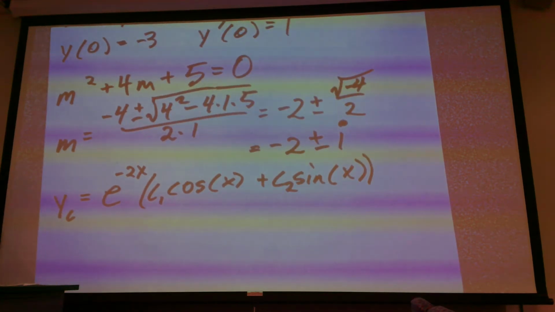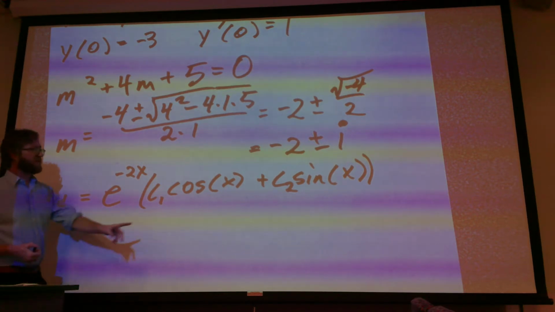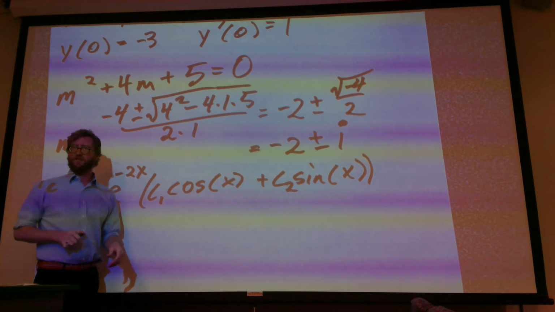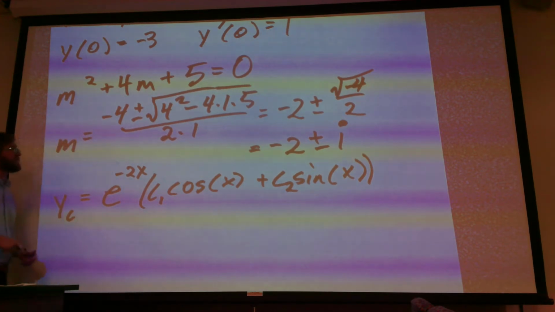Okay, so the i is just being multiplied by 1. If it was 3i or 4i, whatever, then you put that 3 or 4 inside the cosine and the sine. Okay, so that's our y sub c.